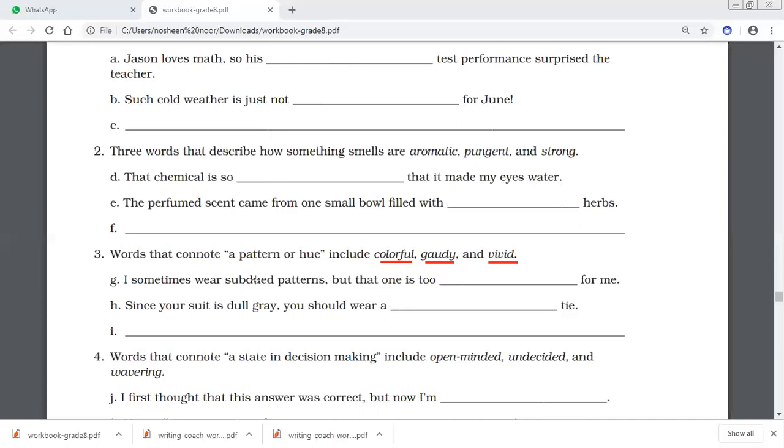But that one is too dash for me. Please choose from colorful, gaudy, or vivid. Gaudy.